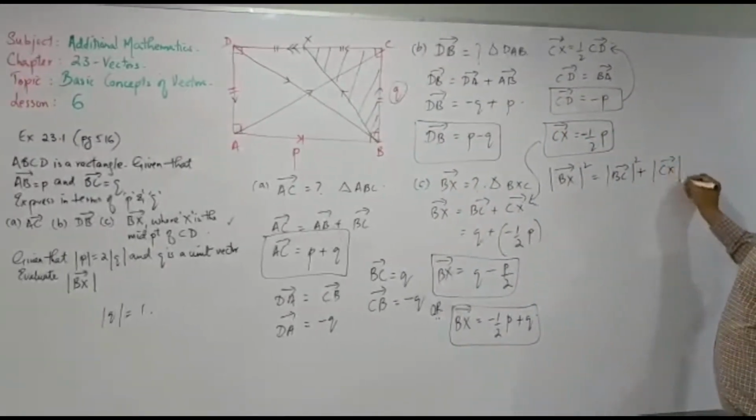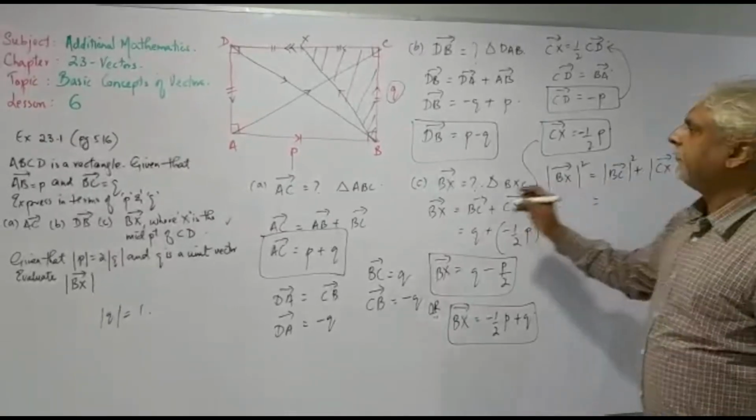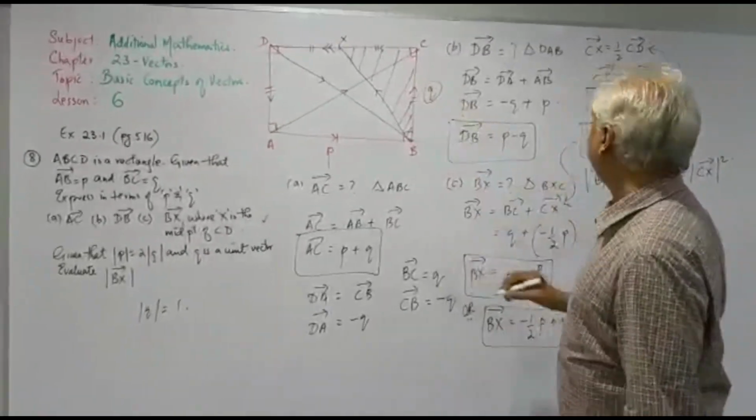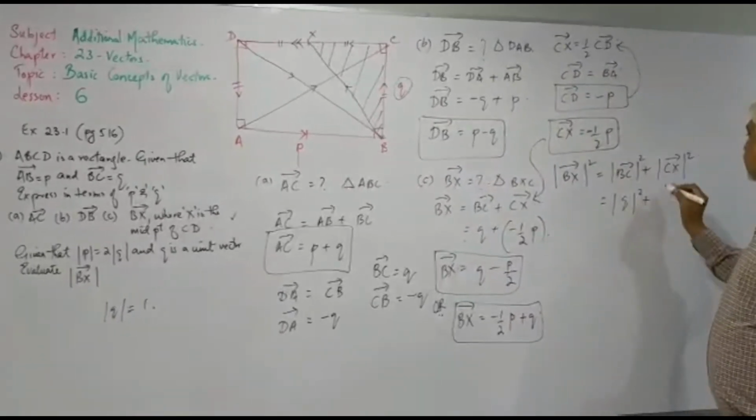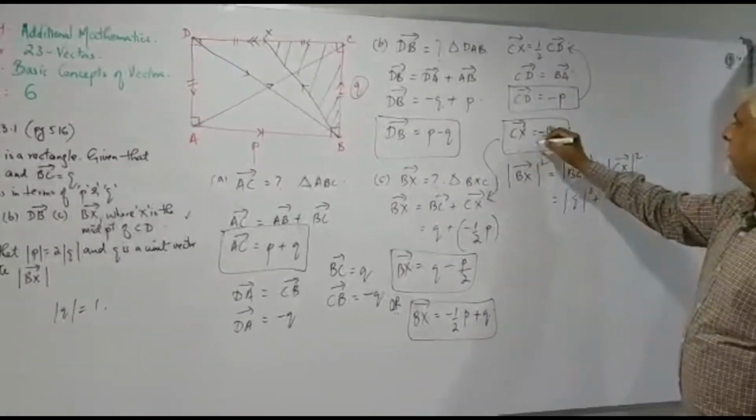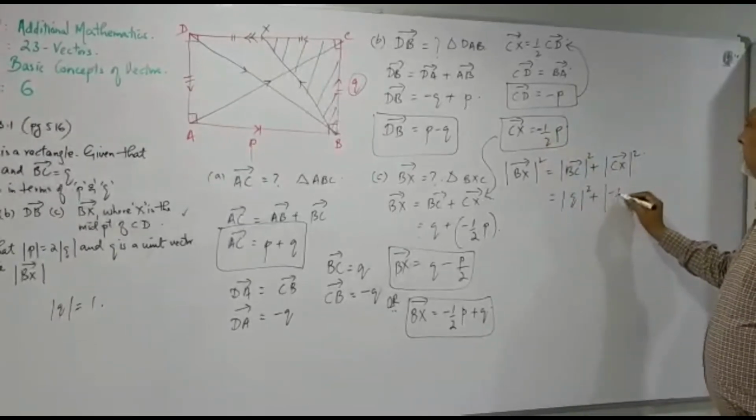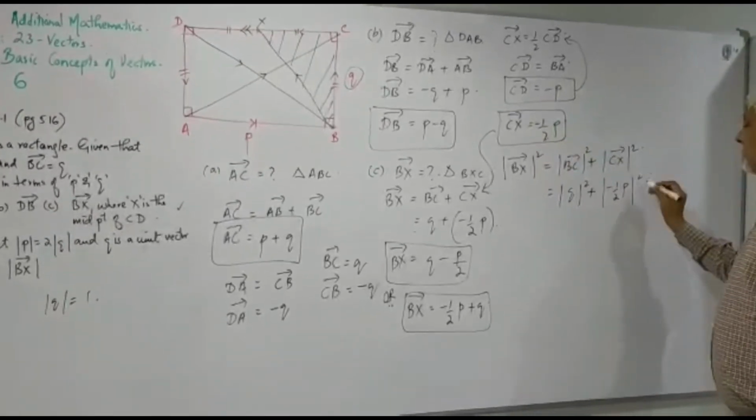Now what is BC? BC is equal to Q, so I can write Q whole square plus, what is Cx? Cx we know is minus 1 upon 2P the whole square.